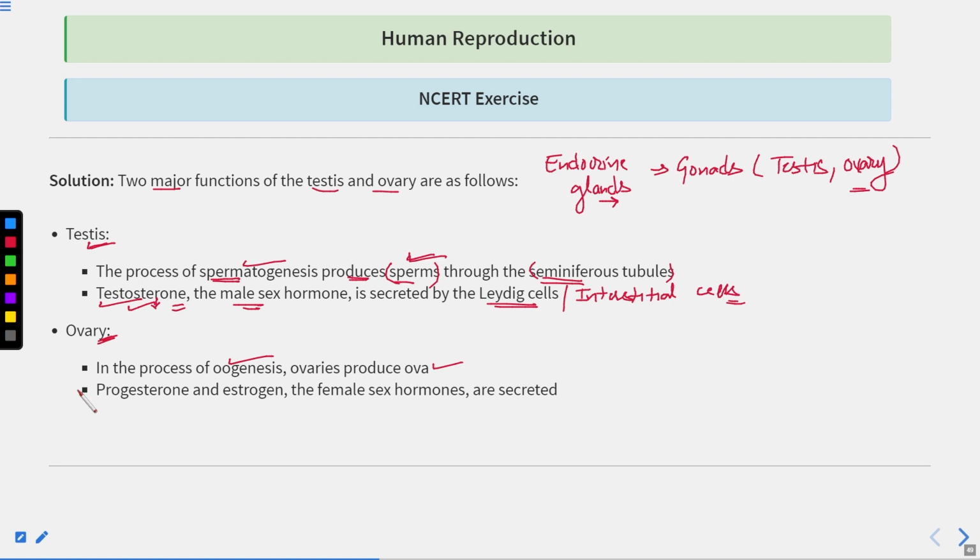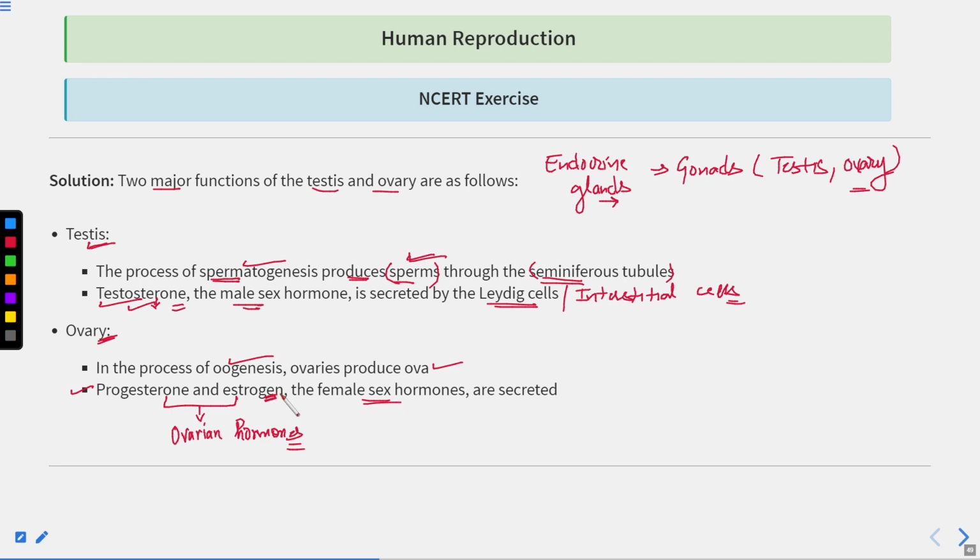Then what is the other function? It secretes the ovarian hormones, both progesterone and estrogen. These are known as the ovarian hormones. Clear? These are the female sex hormones. And you must be knowing about the functions of estrogen and progesterone. Estrogen regulates the menstrual cycle.